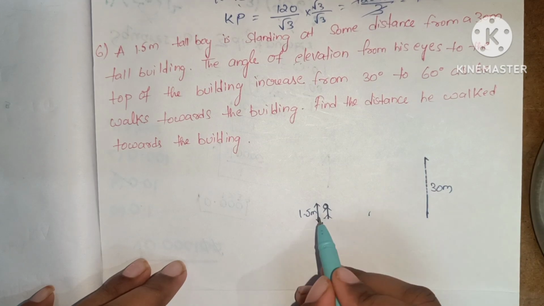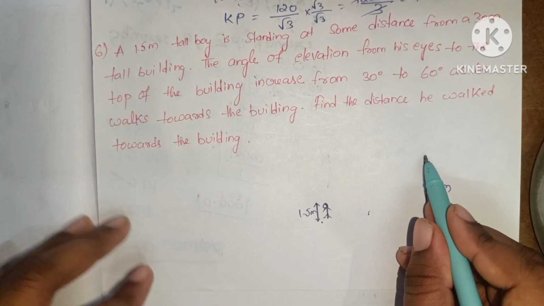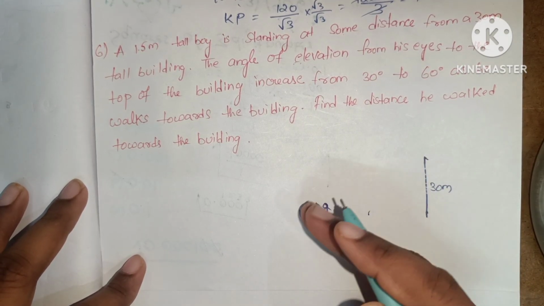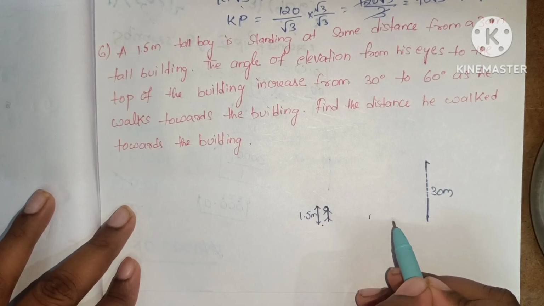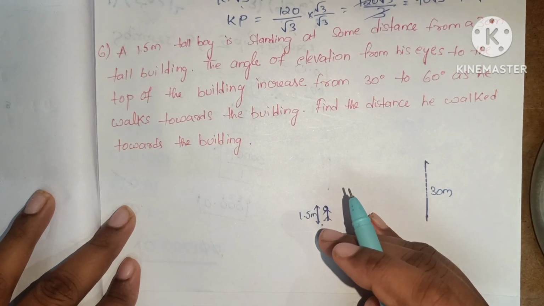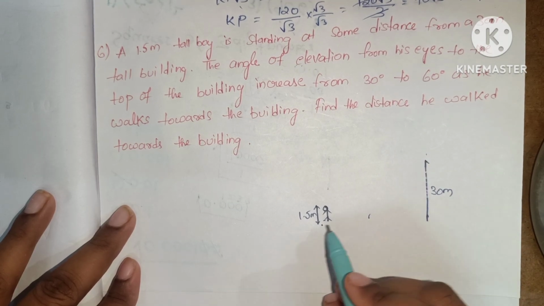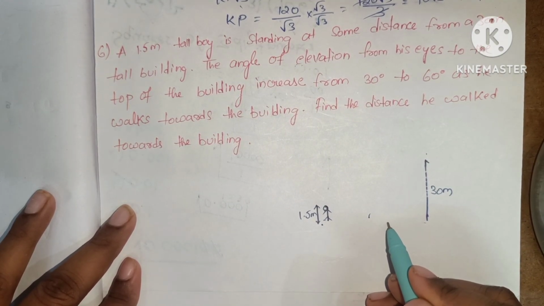When you are watching the top of the building from some distance, one angle will be created. When you go closer, you will bend your head more to see the top. When you are going closer, you have to bend up more to see that object at the top of the building, right? That means when you go closer to the building, the angle increases.